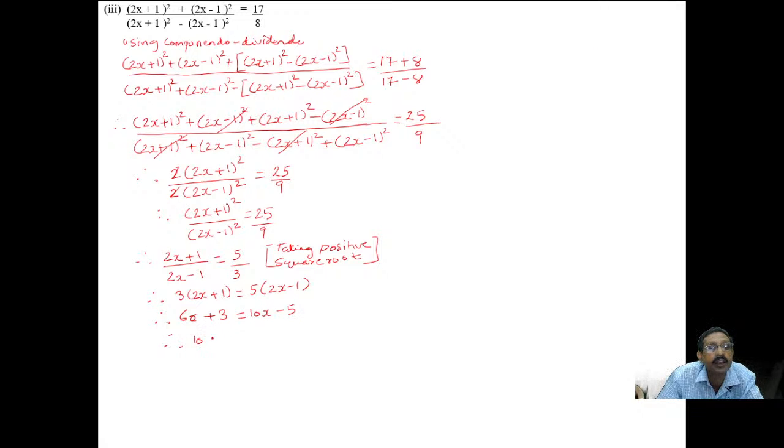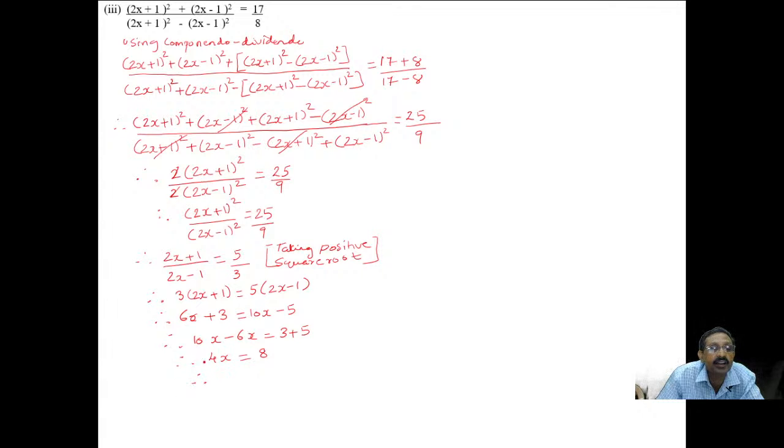Therefore, 10x minus 6x, which is equal to 3 plus 5. Therefore, what we get? 10 take away 6, we'll get 4x, which is equal to 3 plus 5 gives me how much? 8.